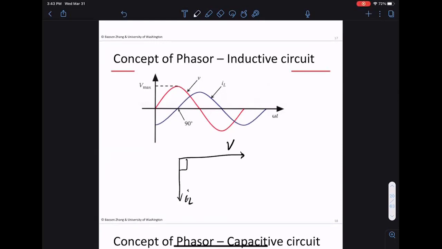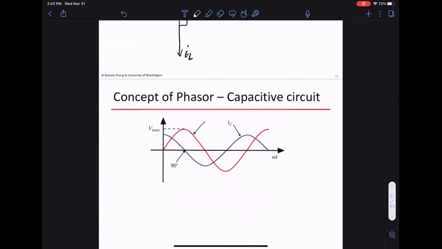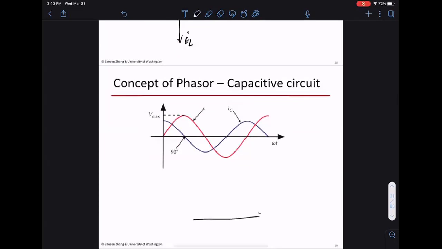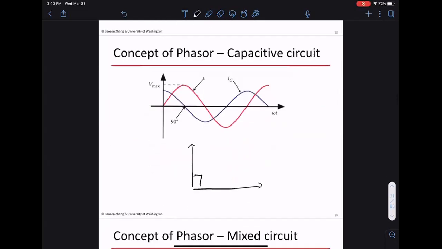They create an angle of 90 degrees here. So for an inductor, this is the picture we have. And then for a capacitor, it's similar, just this time the current is 90 degrees ahead of the voltage.